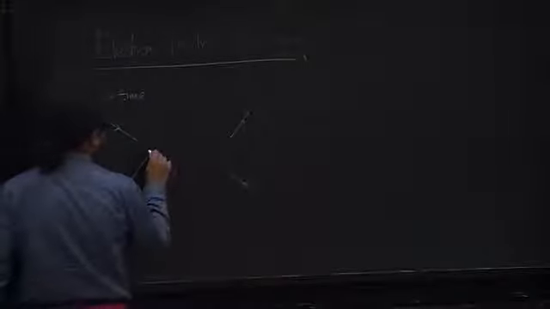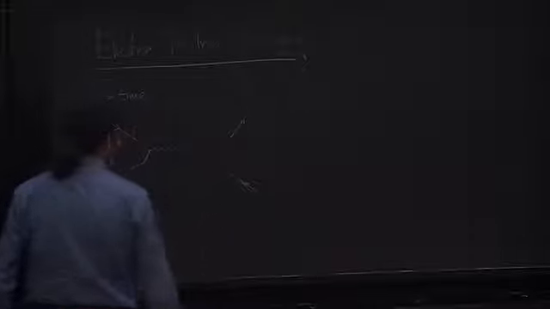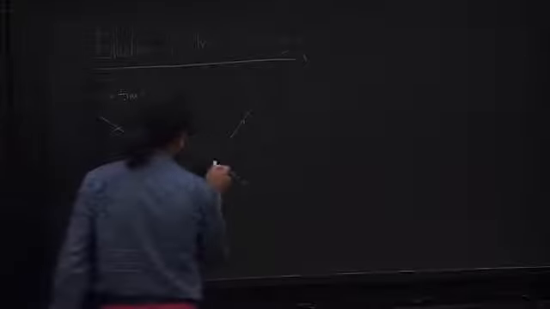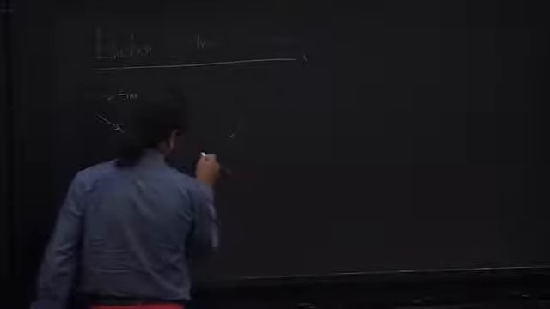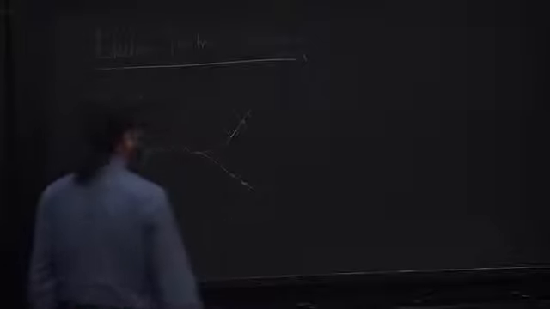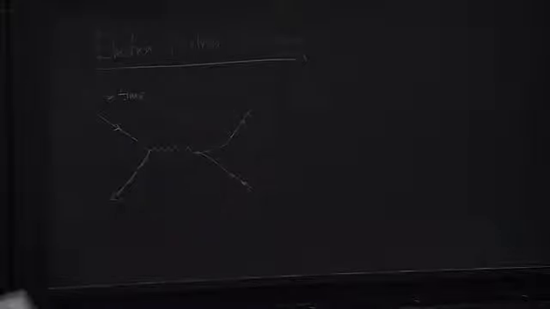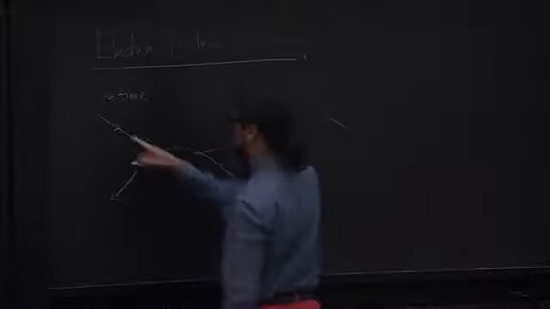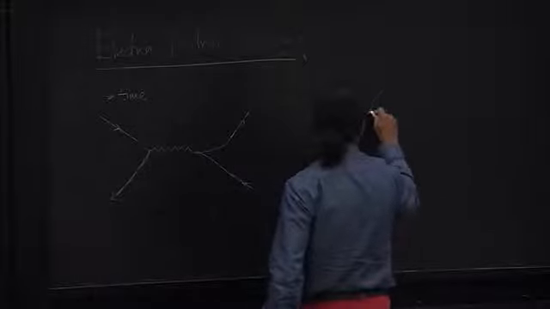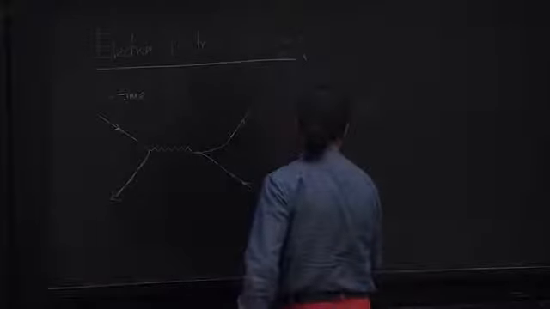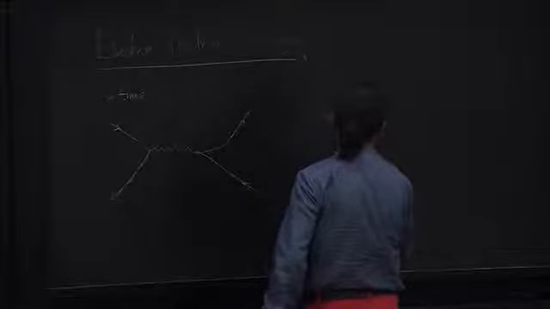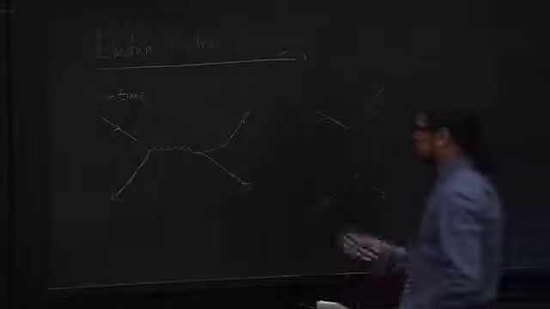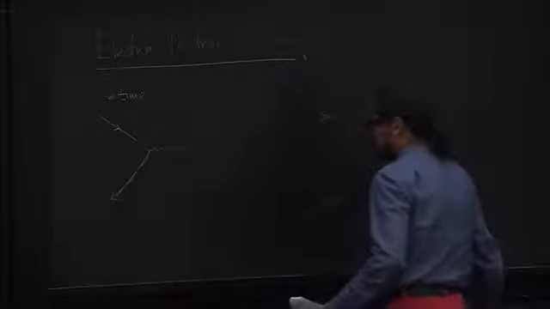And then there has to be a photon coming out because that's the only vertex available to us. And then these can only join up like this. So this is our first diagram. But we could have had another way of joining up, where this guy joins up with this guy, and this guy joins up with this guy, and gives us this, right? Let me just redraw this little part so it's prettier.